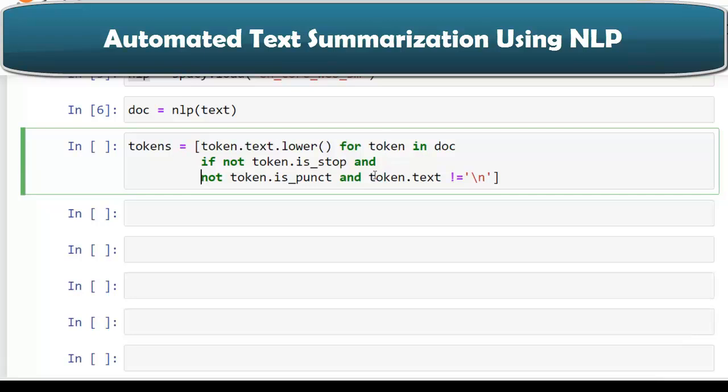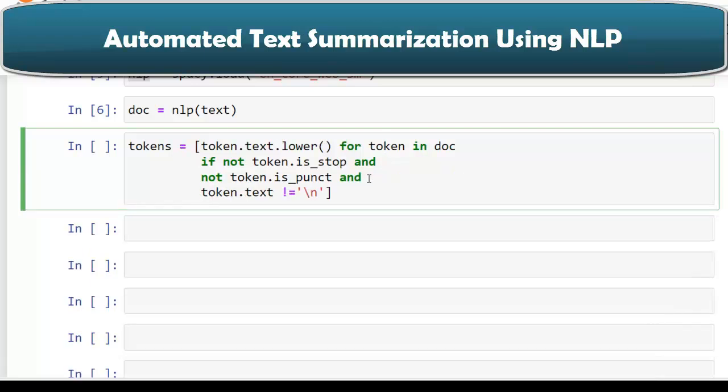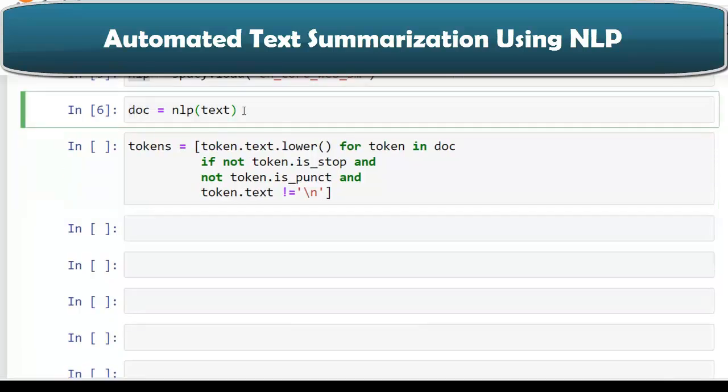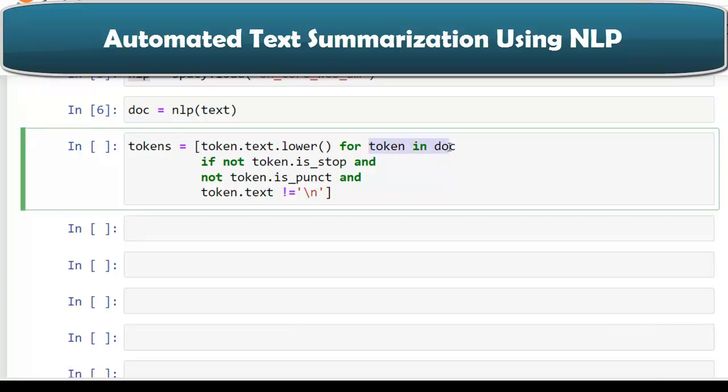Let's format it. So this code performs tokenization and removes stop words from the processed text. We first process the text using the loaded spacy language model, which we have stored in the separate variable doc. Then we iterate over each token in the document. For each token, we check if it is not a stop word, not a punctuation mark, and not a newline character.